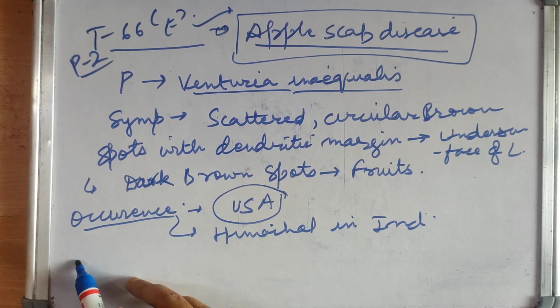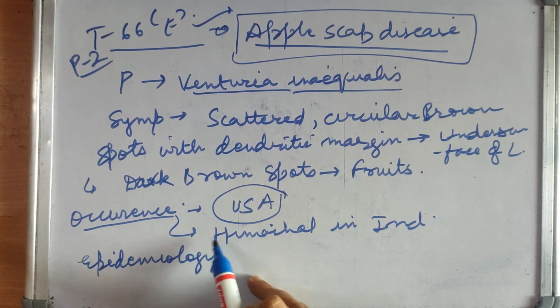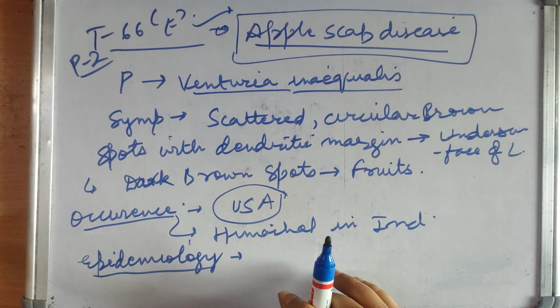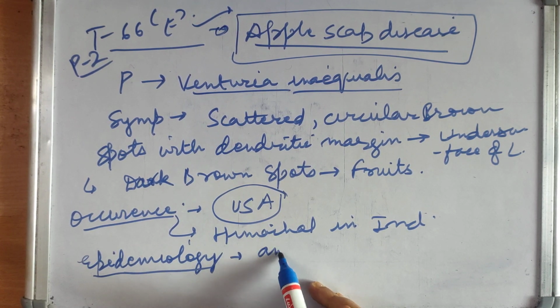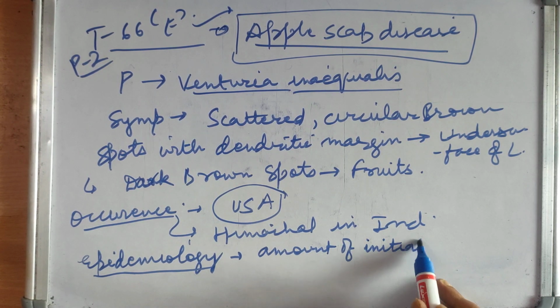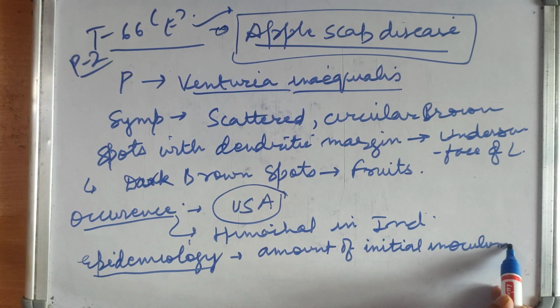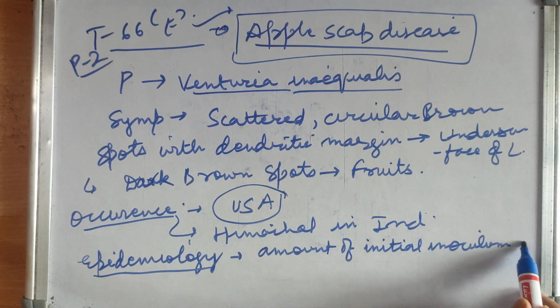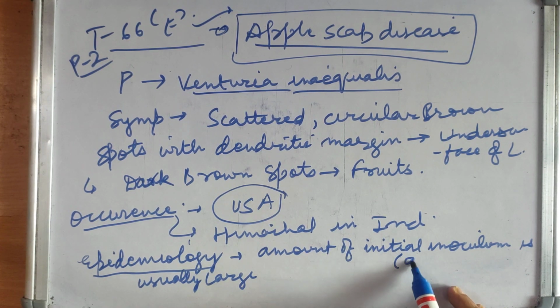Now we'll look into epidemiology. In apple scab, the amount of initial inoculum is usually large, and this inoculum is nothing but ascospores.